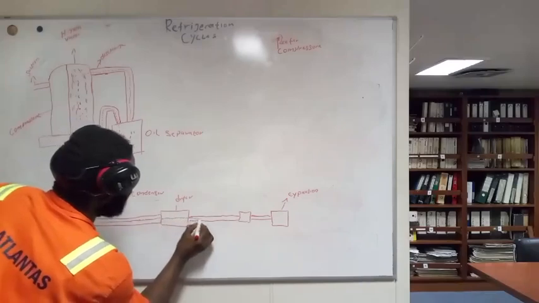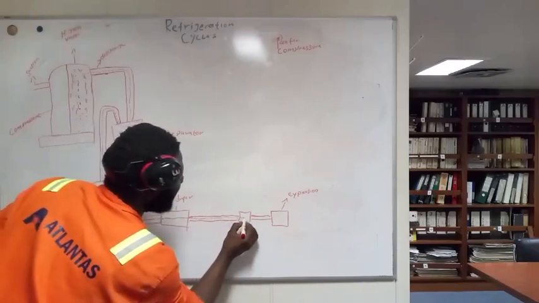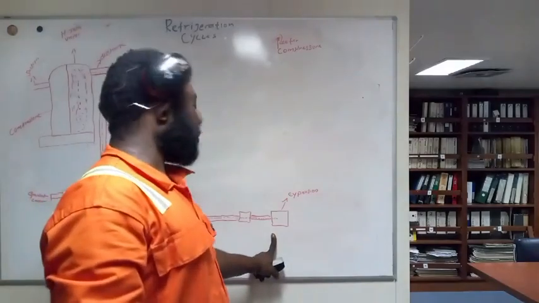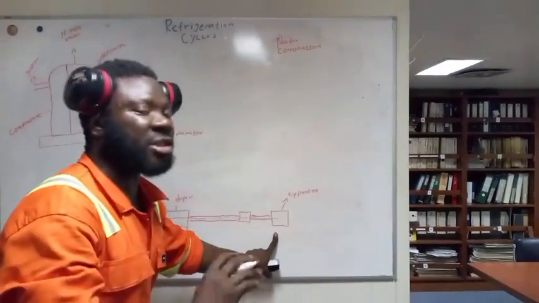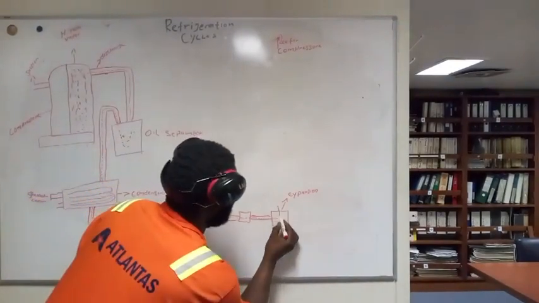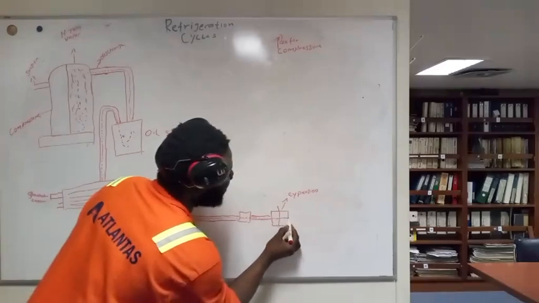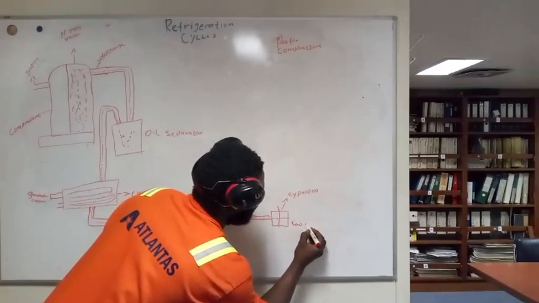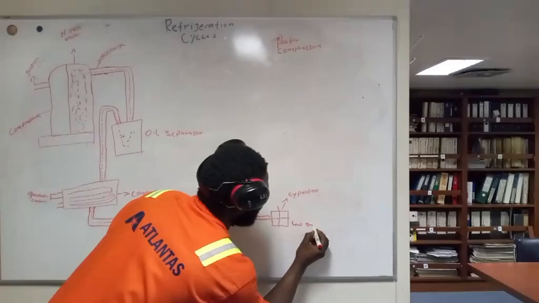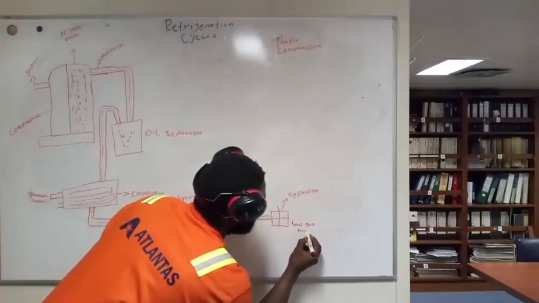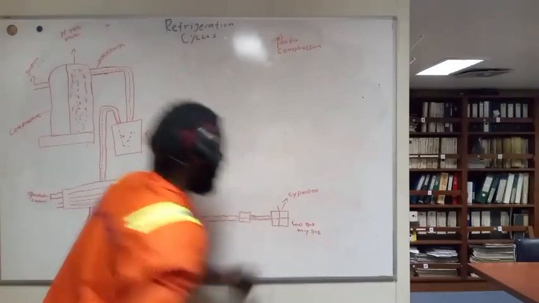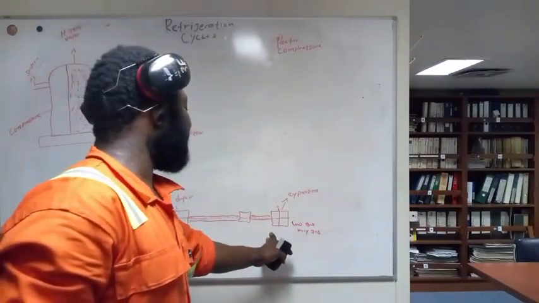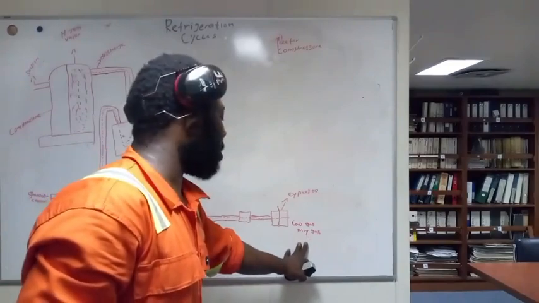From the dryer to the receiver, from the receiver to the expansion valve. When it comes to the expansion valve, the state of the gas changes. When it moves out from this expansion valve, it becomes a low temperature mixed gas.